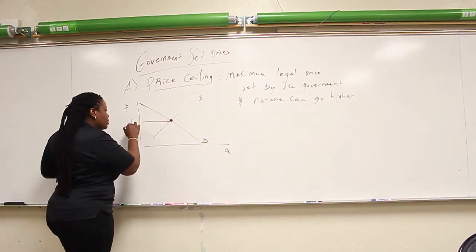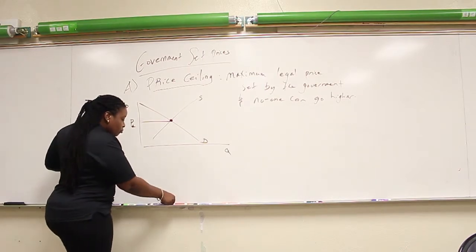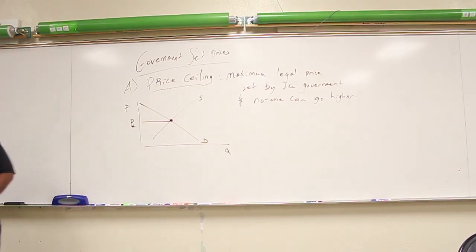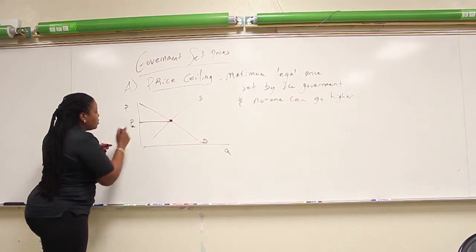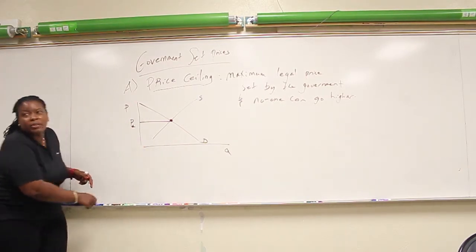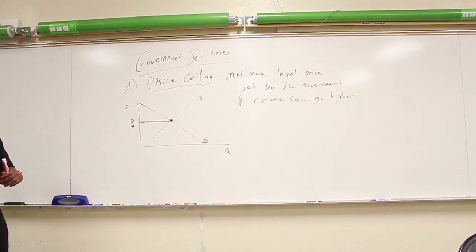Let's label it P star. With a price ceiling, the government looks at this and they go, you know what? I don't like P star. P star as a price is too high.